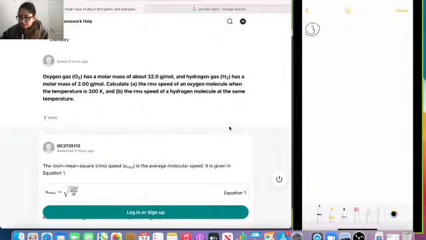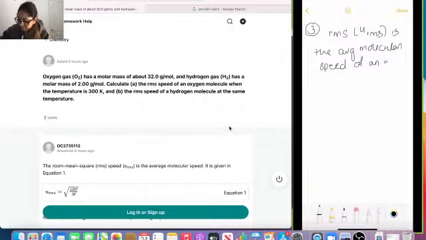This is the average molecular speed, so I'll just write here U RMS, the average molecular speed of an element, basically.